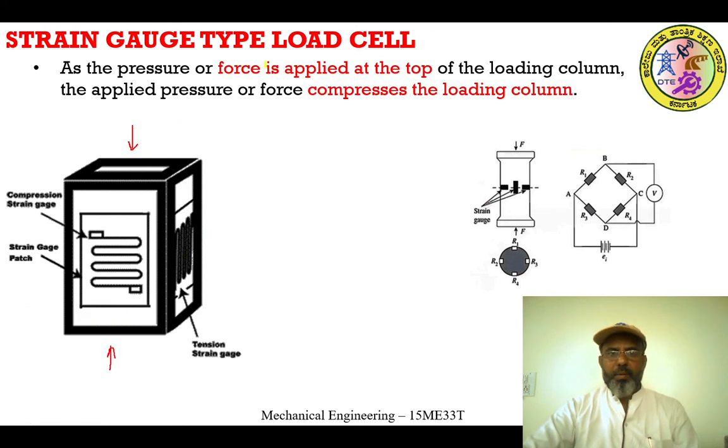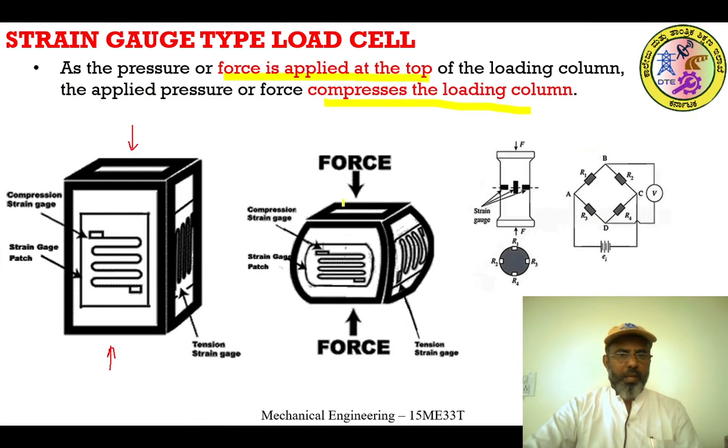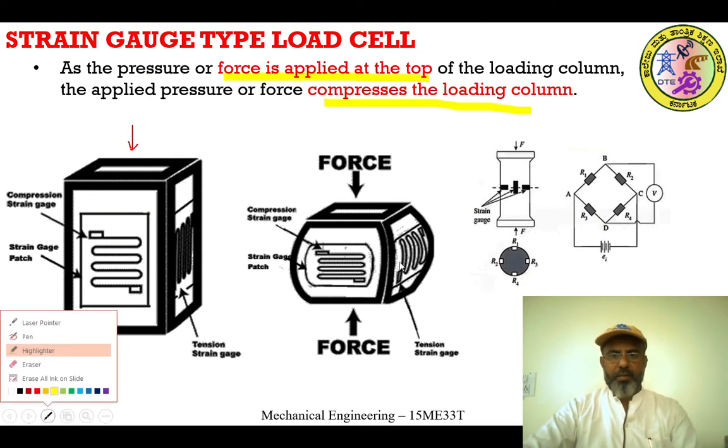As the force is applied at the top of the loading column, the applied force will compress the loading column. Here you can see it has been compressed. When it gets compressed, what happens?